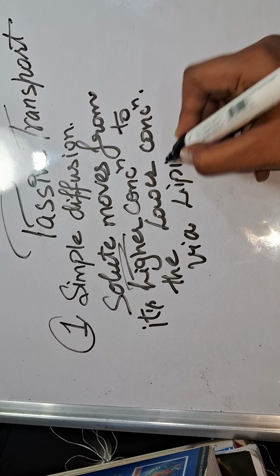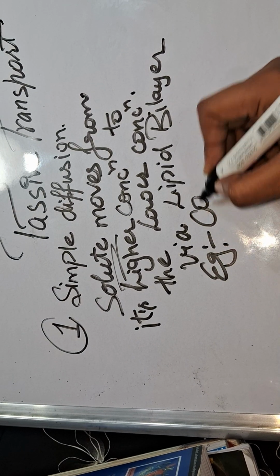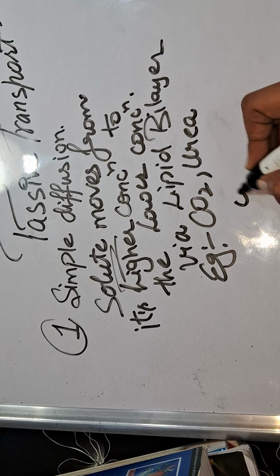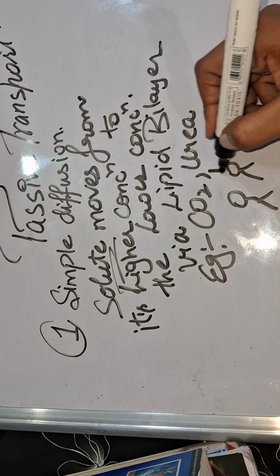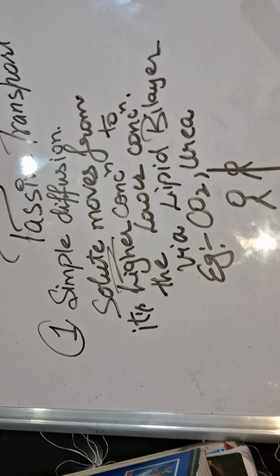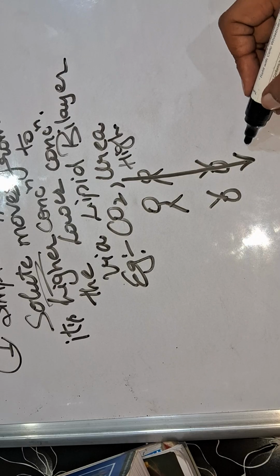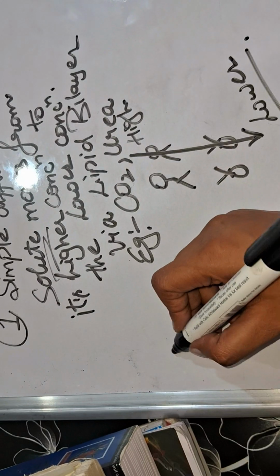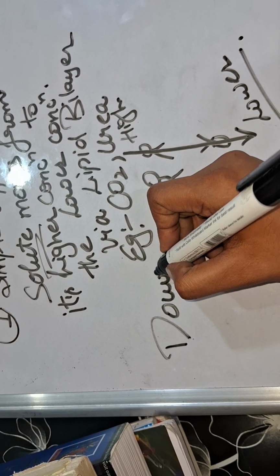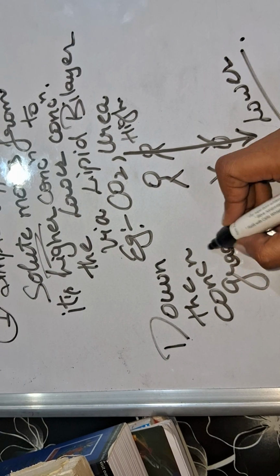lipid bilayer. Examples are carbon dioxide as well as urea. They will simply cross the lipid bilayer from the higher concentration to the lower concentration, down the concentration gradient.